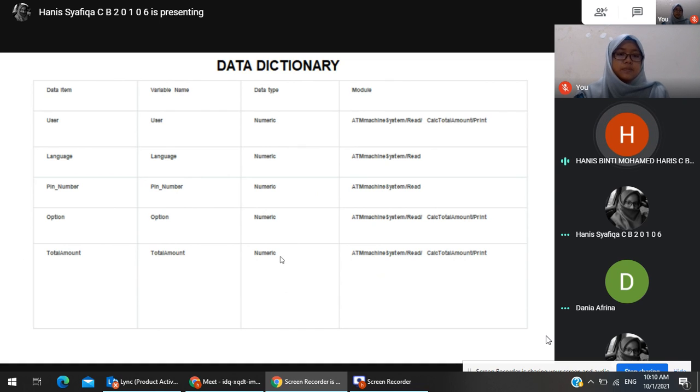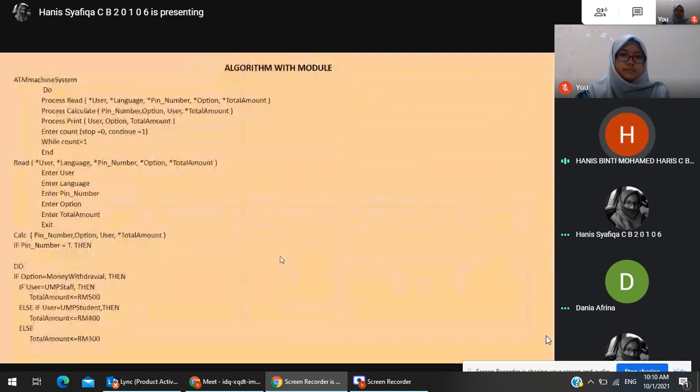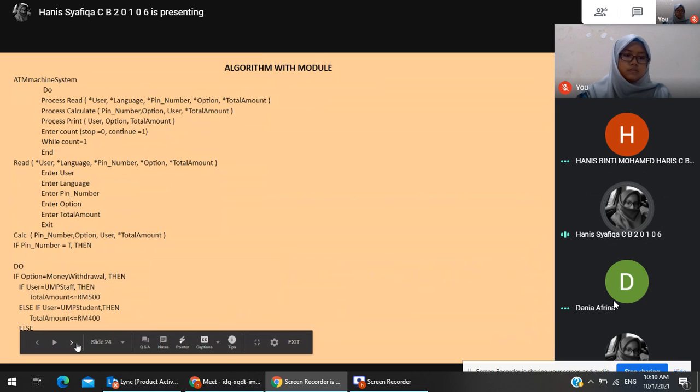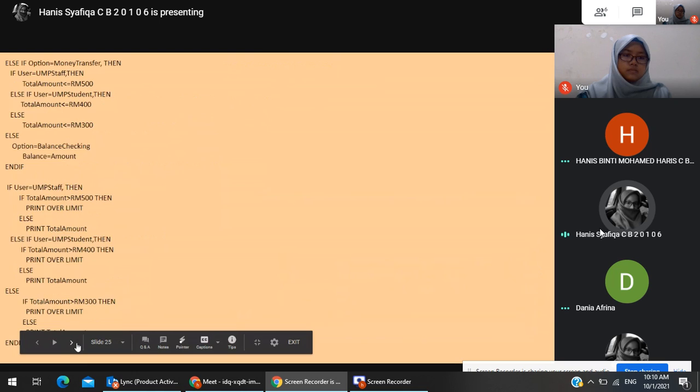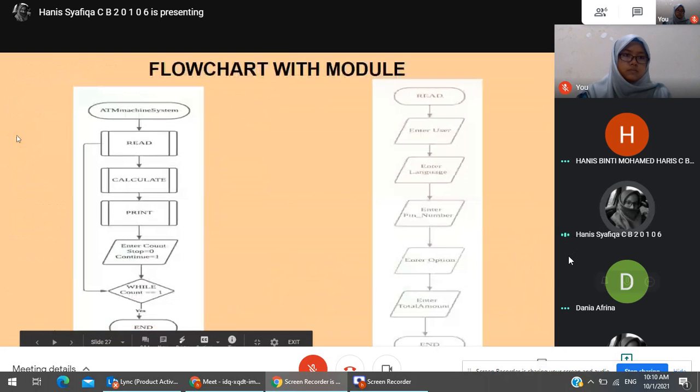Okay, next. So this is the algorithm with module. It is the same as the algorithm without module, but we have divided it into the calculate module and the print module.